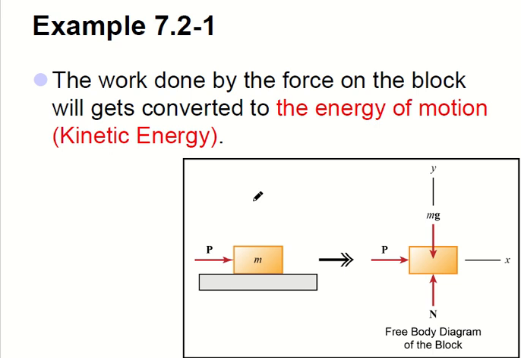And the whole thing is that you've got some energy to do that move. So we would just say the work is converted to energy of motion, and we call that kinetic energy.